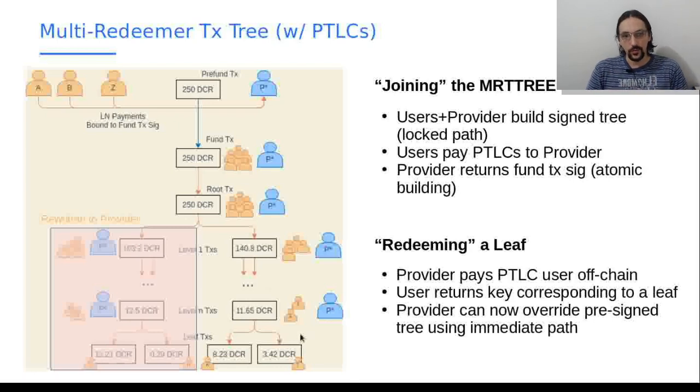And so this is one of the interesting things that we can do with PTLCs and the MR-TREE construction, which is one of the basic building blocks needed for multi-owner tickets, or Lightning-based multi-owner tickets, for Decred.